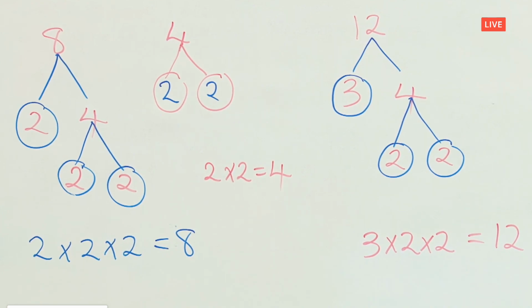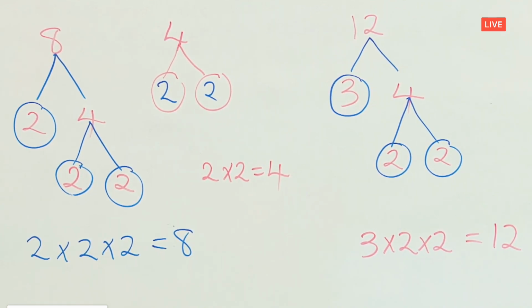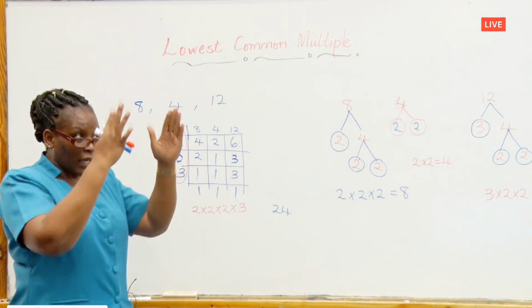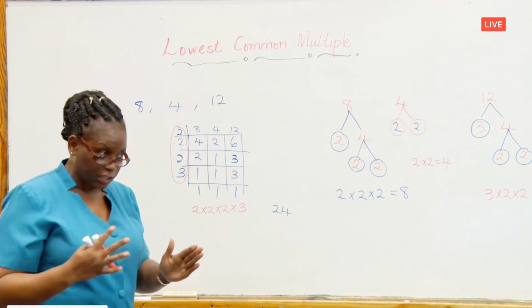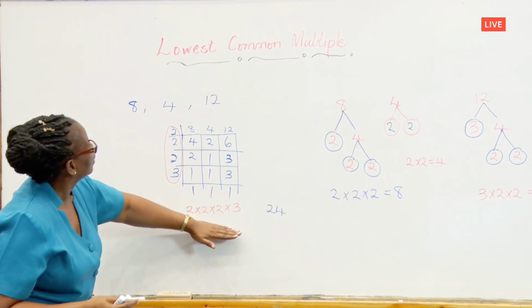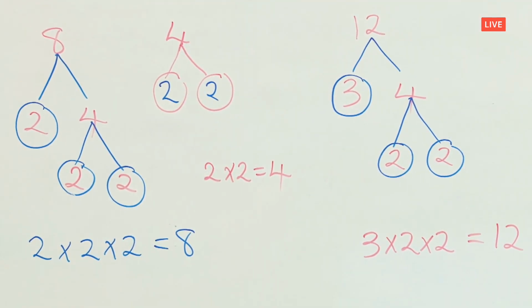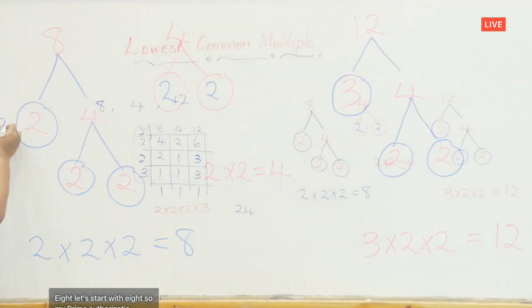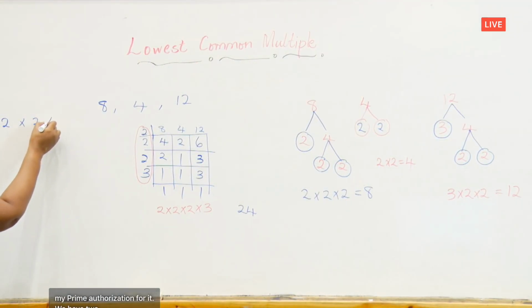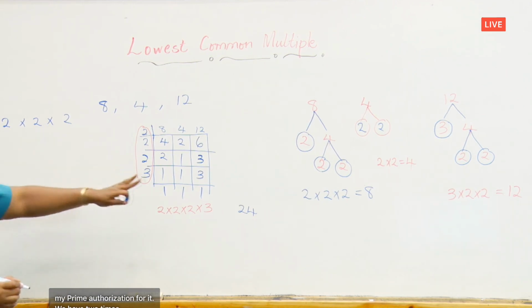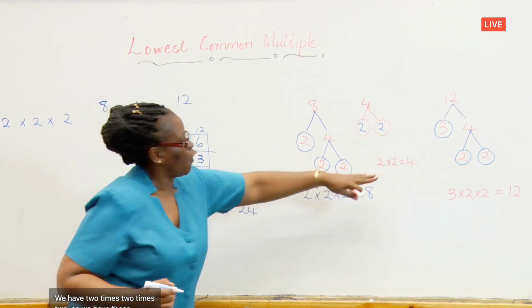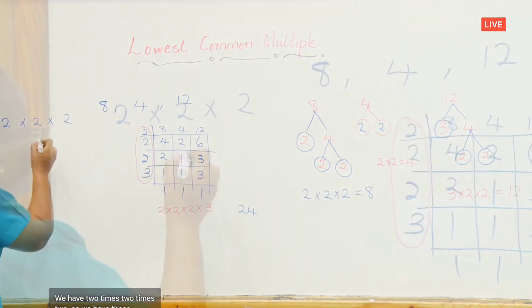So here, we should get these back. So we are going to use these prime factorizations to find our LCM. And I like to say, arrange them so you get what is common under each other. So let's start with 8. My prime factorization for 8 is 2 times 2 times 2.